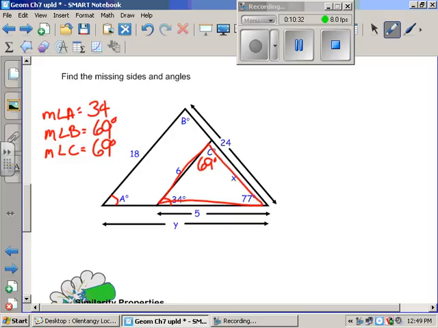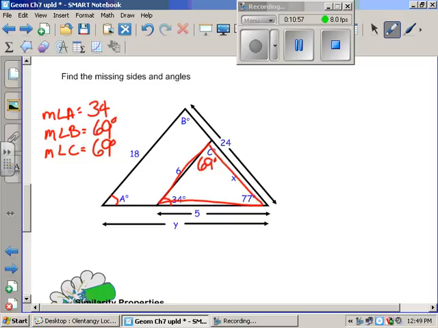And then for X and Y, the missing sides, we know that whenever you're trying to find missing sides, you have to have one set of sides that are given so you can find the missing, so you know what the ratio is. Okay? Which sides are we given?